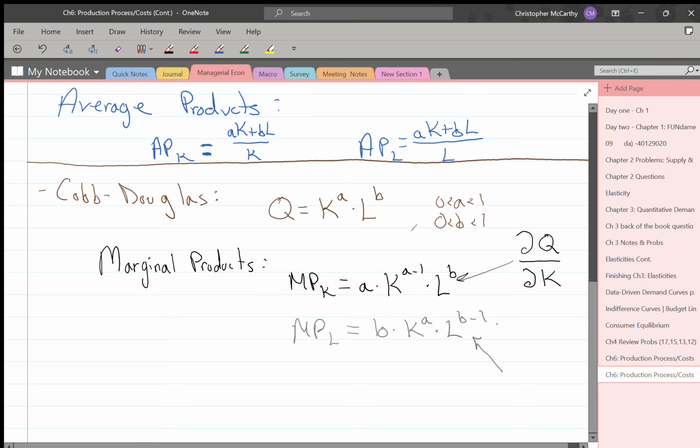If you understood the first one, you probably guessed that this is the partial derivative with respect to labor.